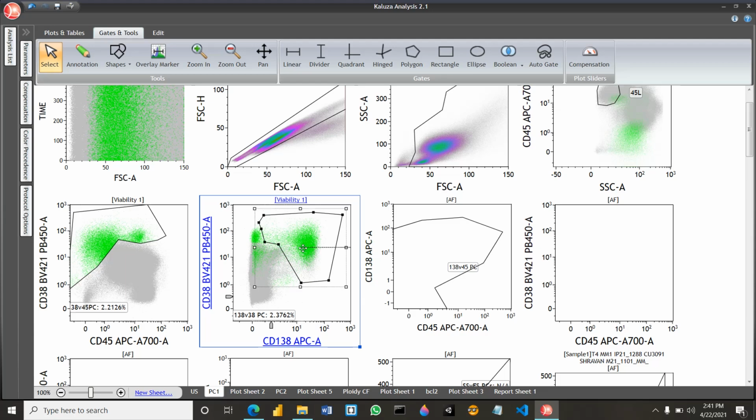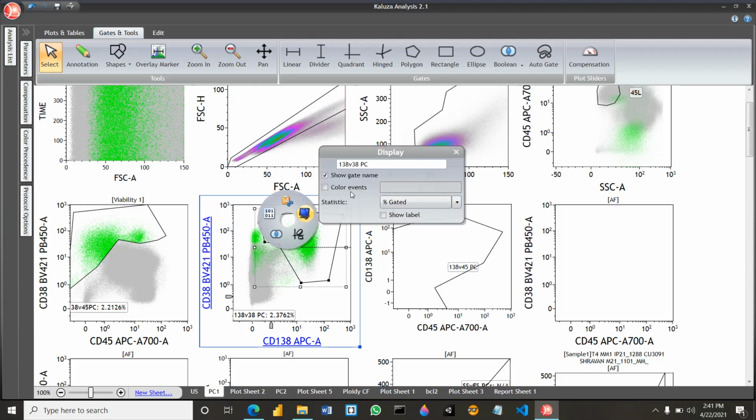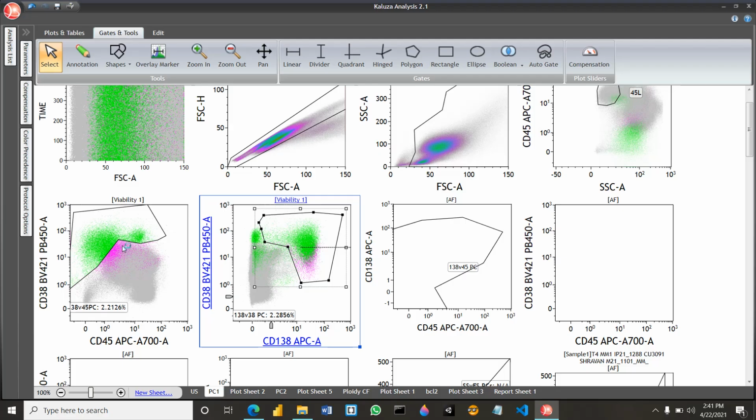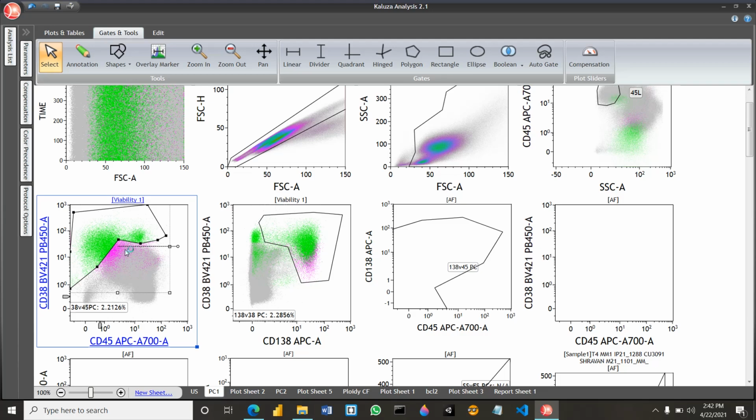We will give a color to CD38 and CD138 just to cross-check that our CD38 and CD45 combination did not miss any plasma cells. After coloring and readjusting the gate, it looked like there were a few cells which were not included in this gate. So we now readjust the gate. This can also be called backgating.